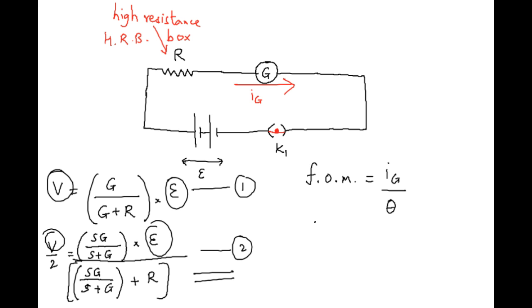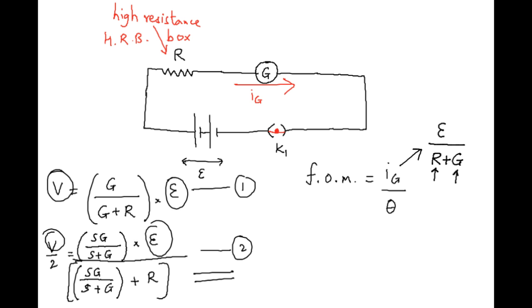Now theta, of course, you measure in divisions or in degrees by direct observation, and IG you can find by applying KVL to the entire circuit. So it's going to be E divided by the total series resistance, which is R plus G. Okay, so R of course is known from the resistance box, and G is something which you have calculated in the first part of the experiment in the half deflection method.